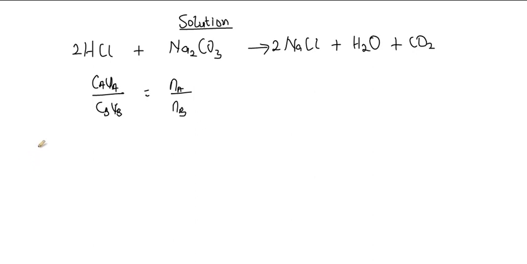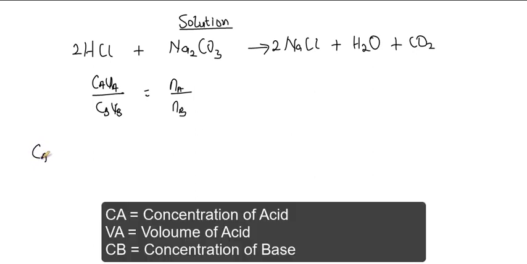Let's write out the values we are given from the question. Ca. From the question, Ca is not given directly, so let's assume Ca is unknown. We're still coming back to this. Va is given to be 15.00 cm³.